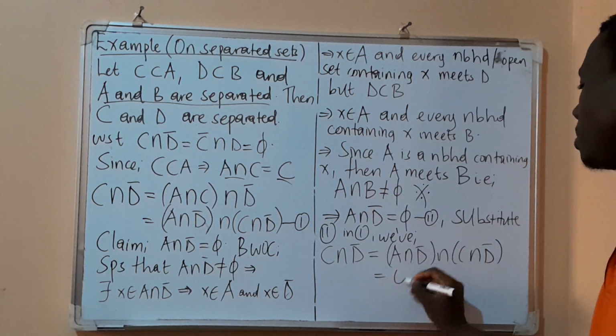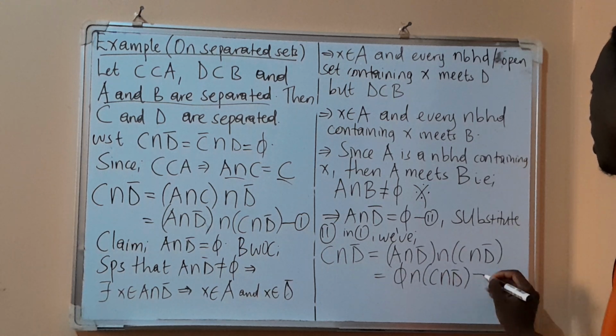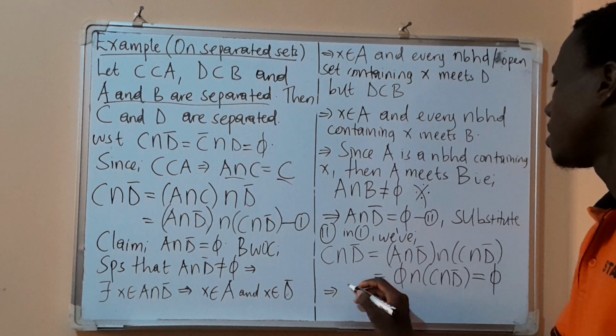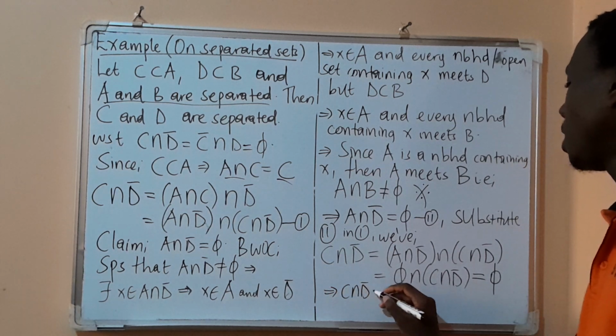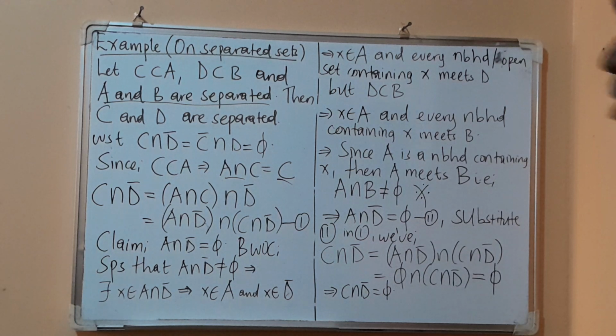So we have an empty set intersection C intersection D closure, and this is equal to an empty set. So this implies that C intersection D closure is an empty set. Similarly, because you have to prove both cases, I have only proved the one direction.